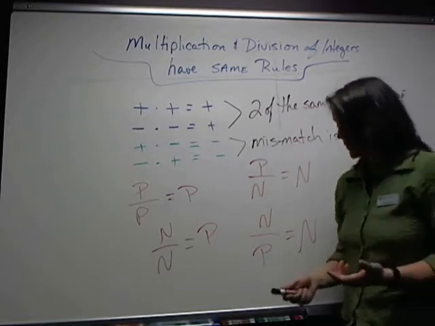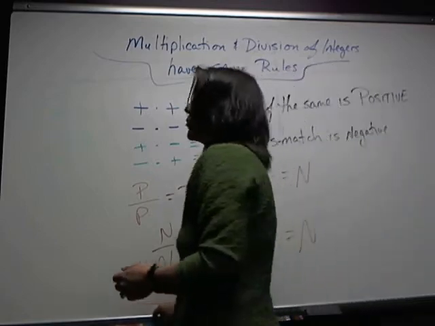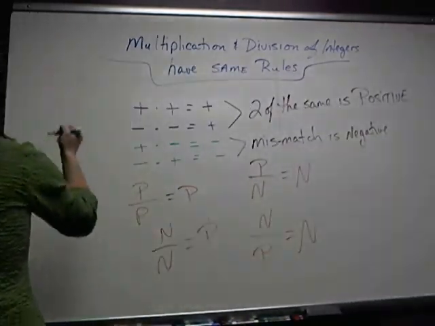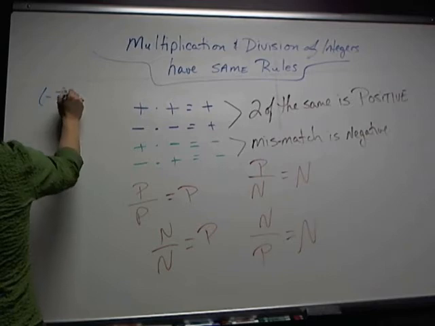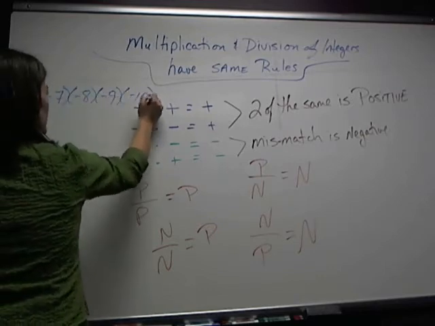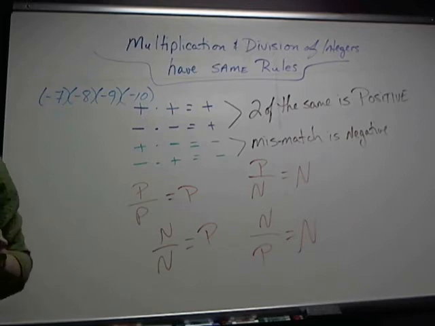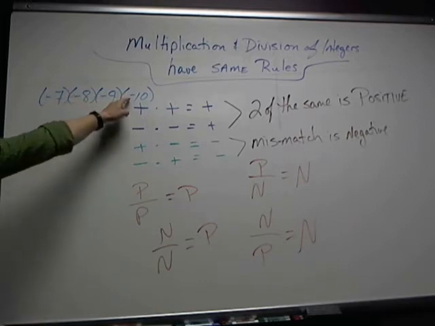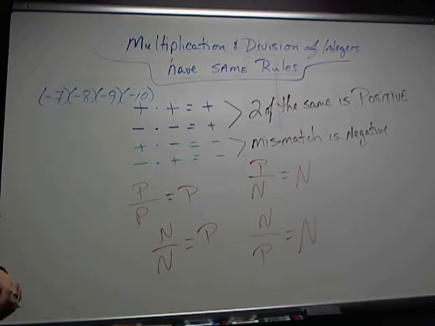If we have several numbers being multiplied together or divided, what we can do is count the number of negatives. This one has 1, 2, 3, 4 negatives all being multiplied together. That's an even number of negatives.